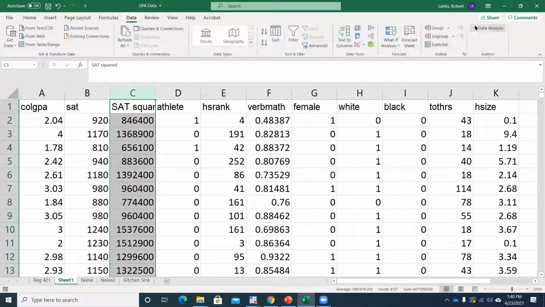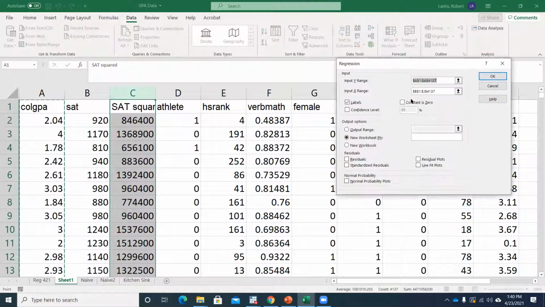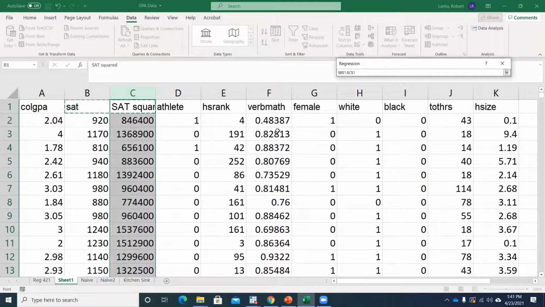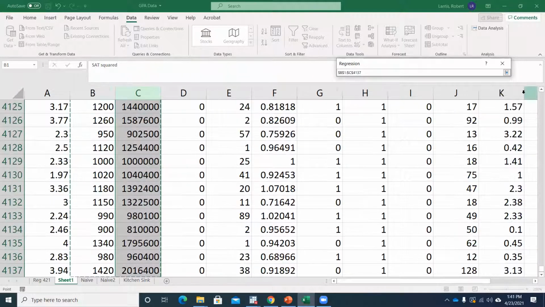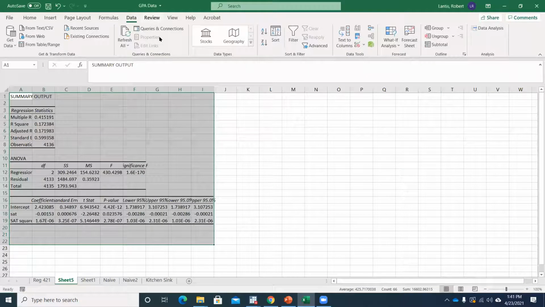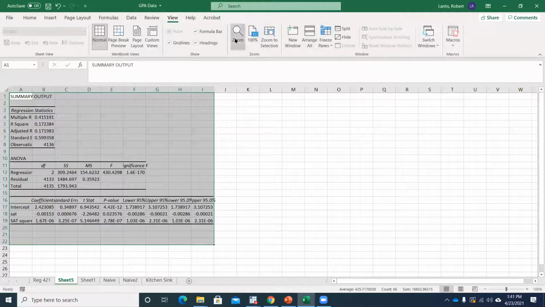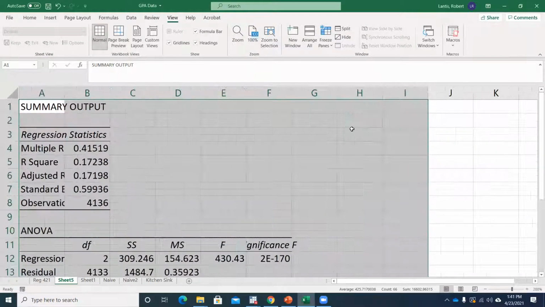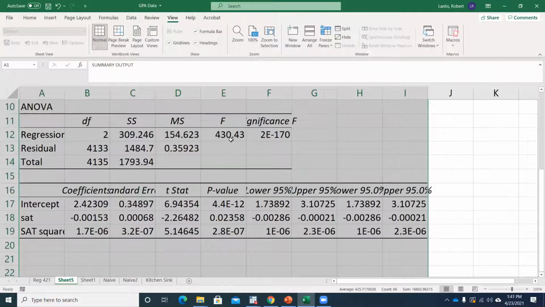So if we go to data analysis, I've got my Y variable as GPA. I'm going to include SAT, and then this other column was a variable I created, which was just the SAT score squared. So what that does is it allows me to do something like this. Here's my regression output.